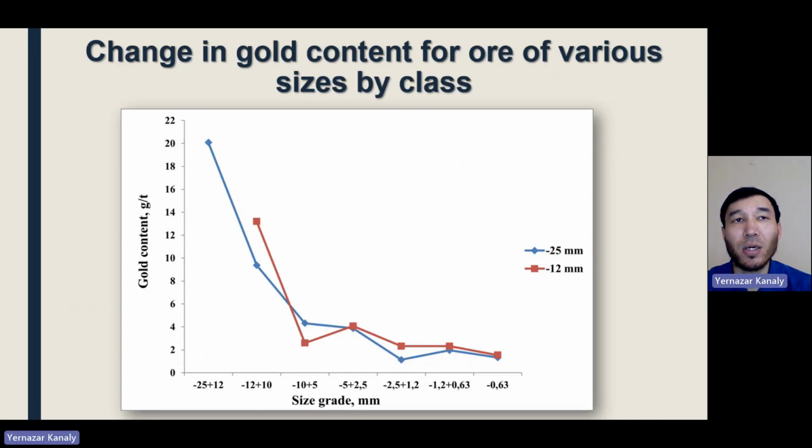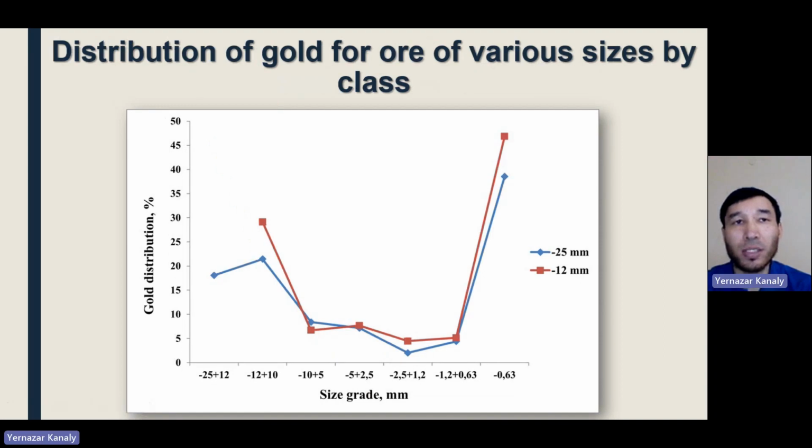It can also be noted that the large class is enriched in gold, which indicates the presence of quartz with fairly large gold. This slide shows a distribution of gold for ore of various sizes.